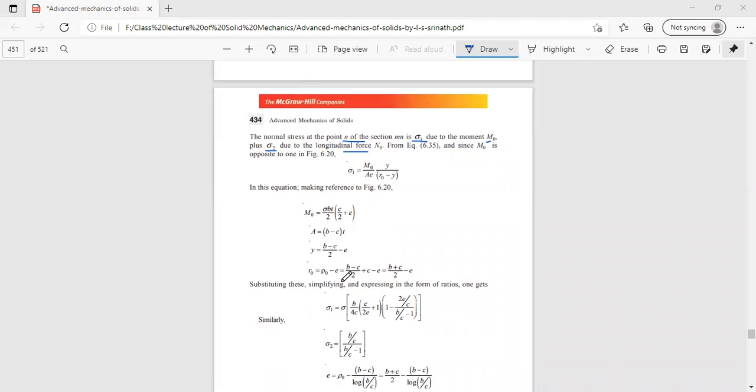So R is equal to rho 0 minus E, equal to B minus C by 2 plus C minus C. So this becomes B plus C by 2 into C E itself.